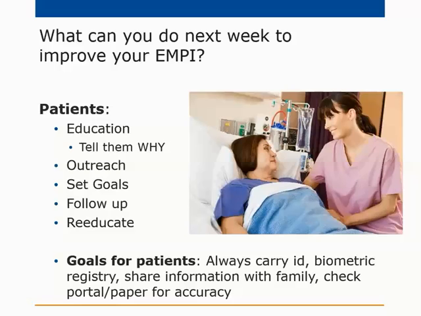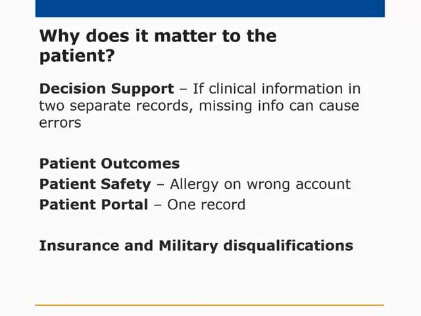And then following up with them, re-educating, make sure people are following through, give them the opportunity to ask questions, of course. And sharing with them the decision support, how that helps us take better care of them, how it helps us improve their outcomes and their safety, and making sure that they have one portal.